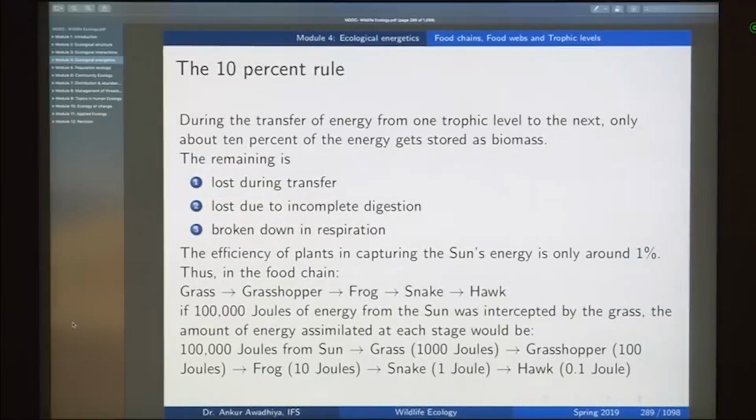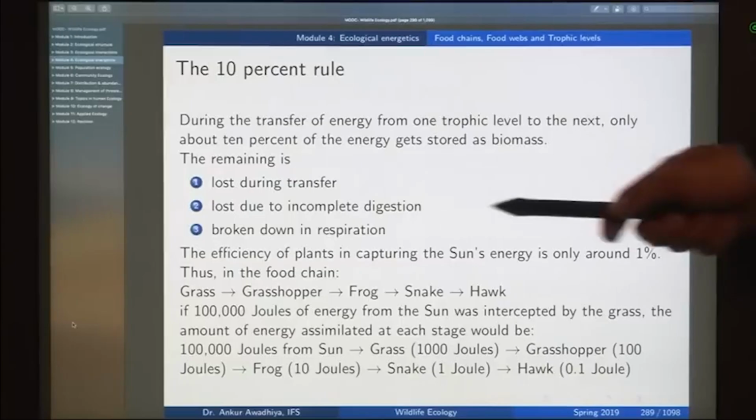So, whenever energy is being transferred from one trophic level to the next trophic level, typically only 10% of the energy is stored in the next trophic level, and as much as 90% is lost during transfer due to incomplete digestion or as part of the respiration.